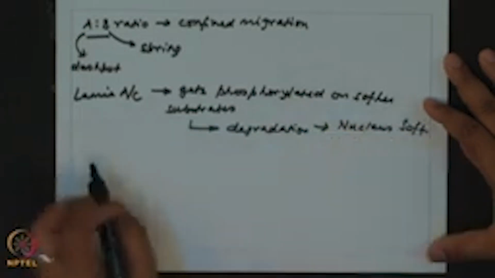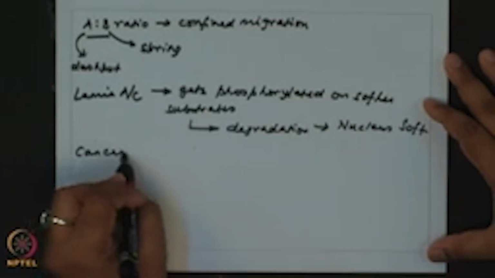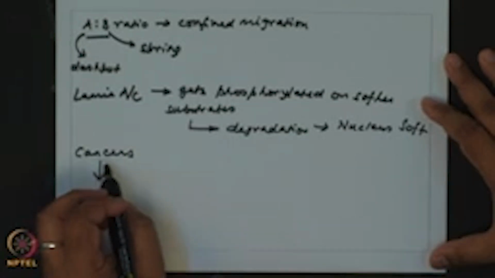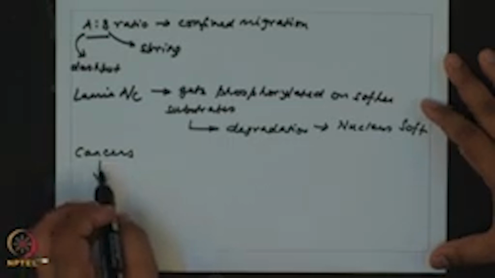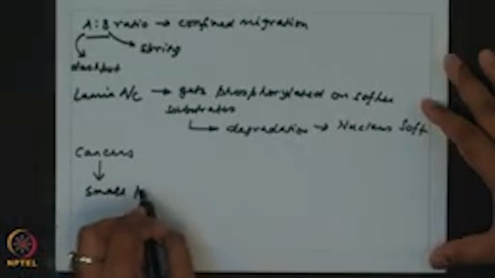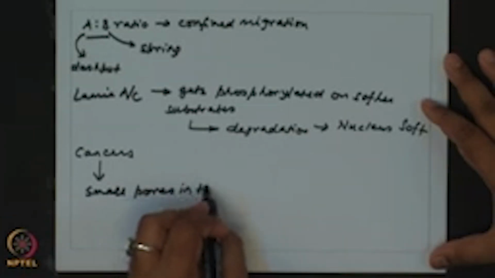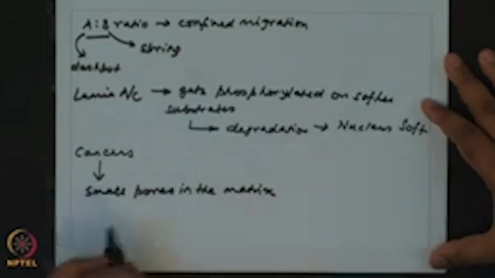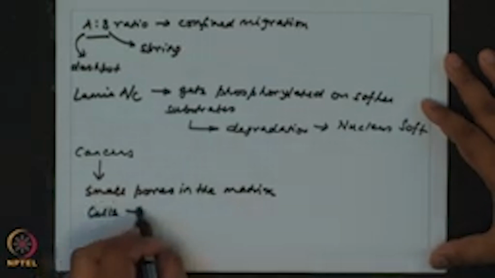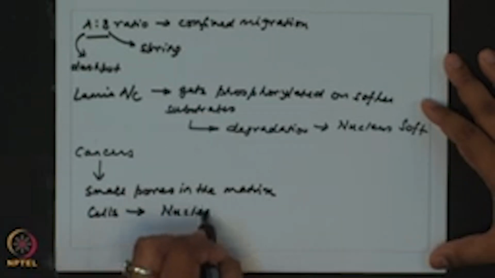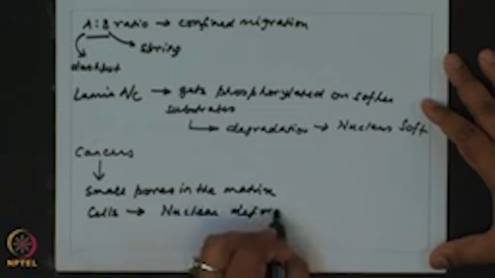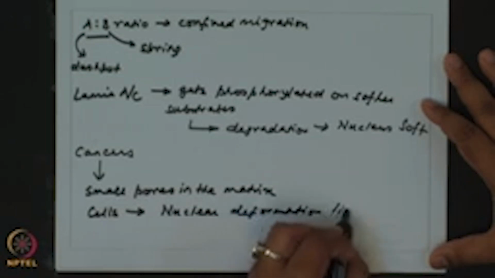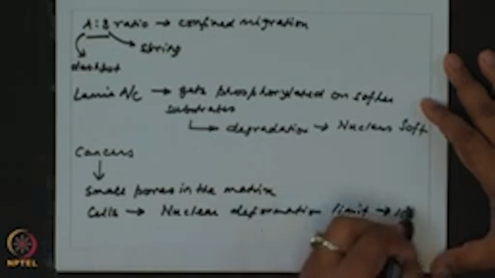In the context of cancers, for cancers to invade, you must have mechanisms by which the cell can pass through small pores in the matrix. And cells cannot deform beyond the nuclear deformation limit, which is 10% of undeformed size.